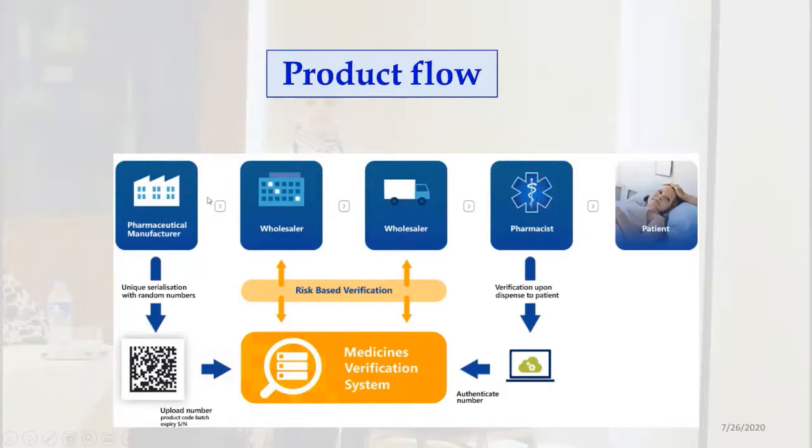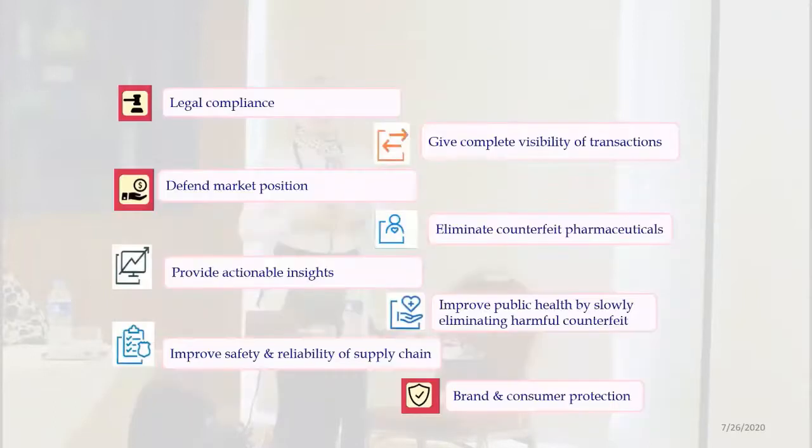So during this flow process, we have to ensure that the product will be delivered to the patient without any counterfeit. So we have to take care of the serialization once any health authority asks to include the serialization in our medicine products.